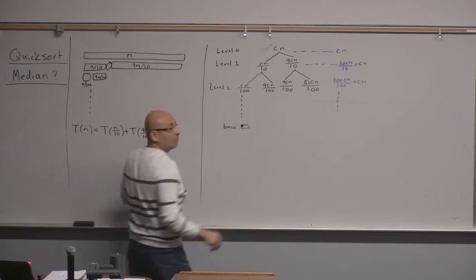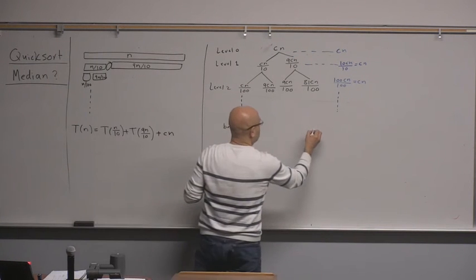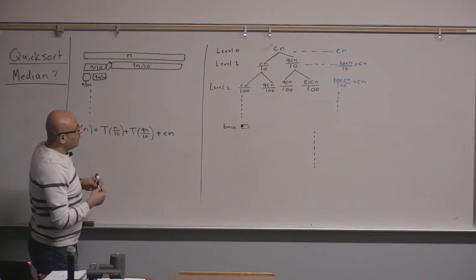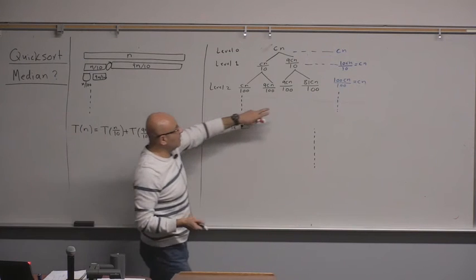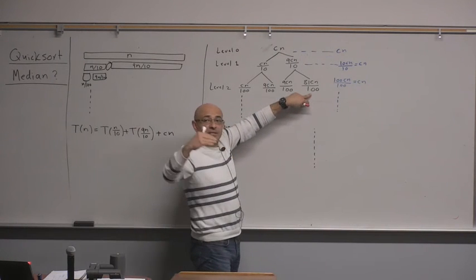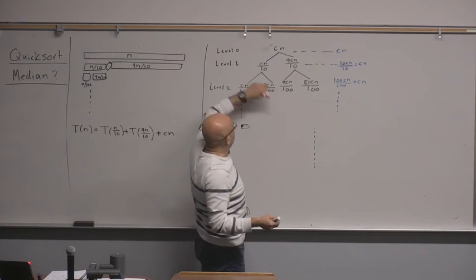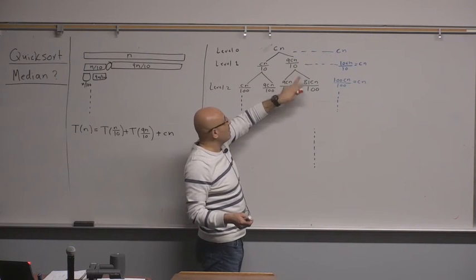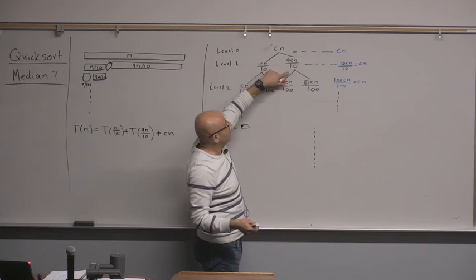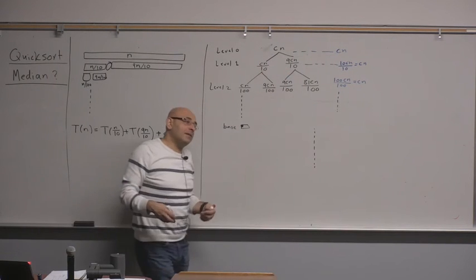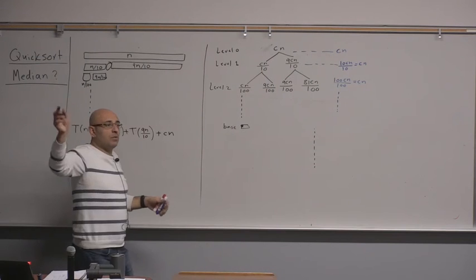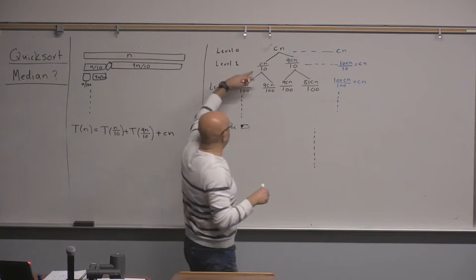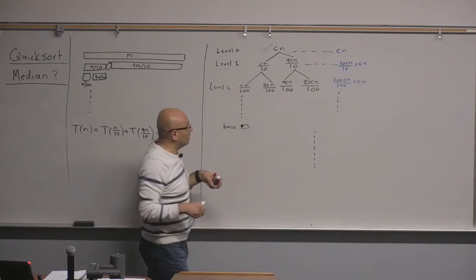But those will continue, even after this point, because the division is happening slower. Here we are dividing by 10. Here we are dividing by what? We are dividing by 10 over 9, which is 1.1 roughly. So we are dividing by 1.1. Here we are dividing by 10, so this is going to get to 1 sooner.